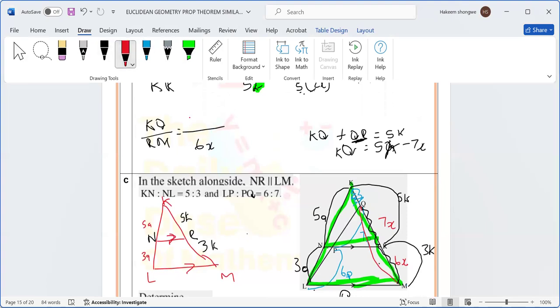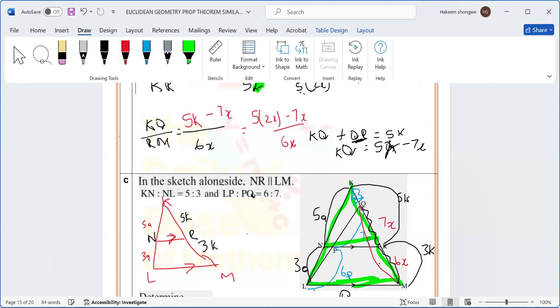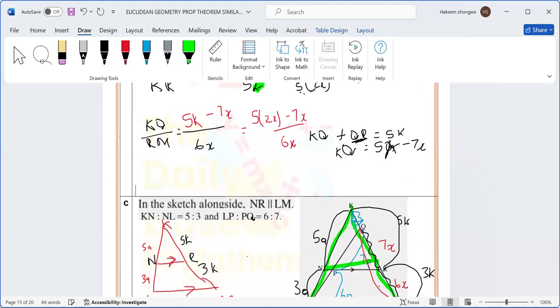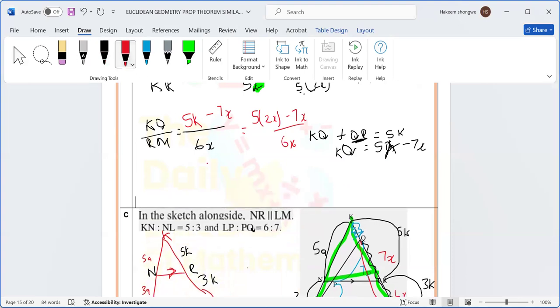So we can say this is 5K minus 7X. But we know K in terms of X, so this is going to be 5 multiplied by 2, which is 10, minus 7, which is going to give us 3x, all over 6x.